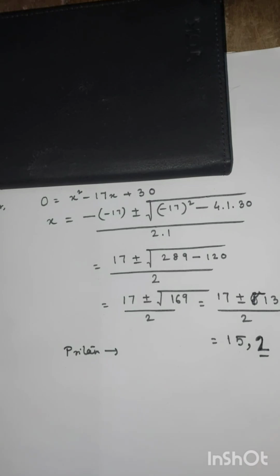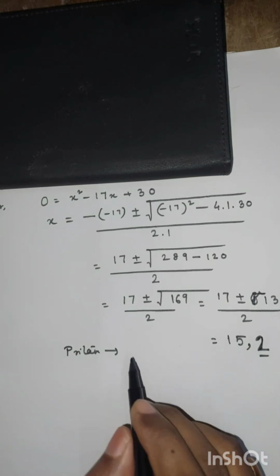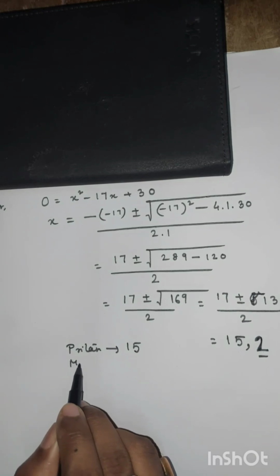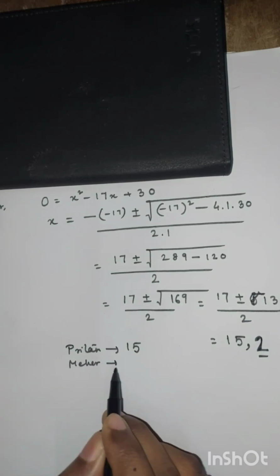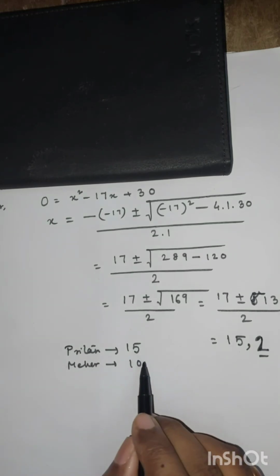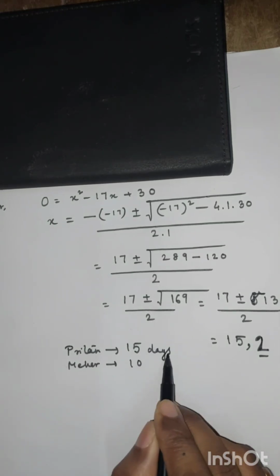So we have to take 15. So Pritam takes 15 days and Meher takes 10 days to complete the work when they are working alone.